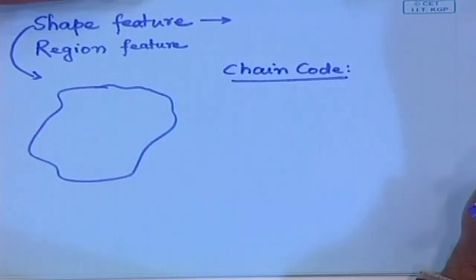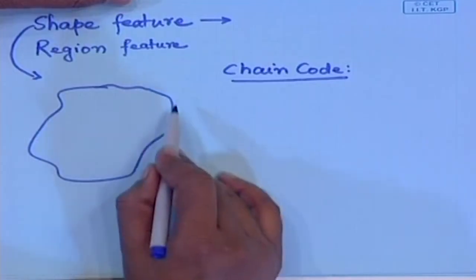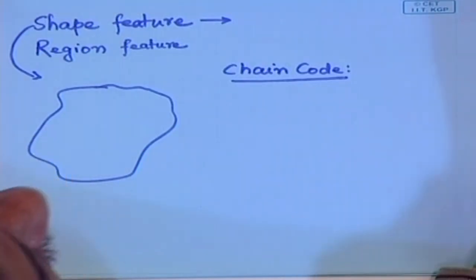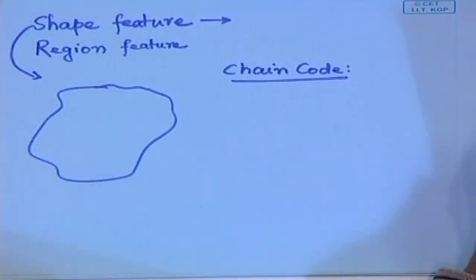What is chain code? Chain code is, if I want to represent an arbitrary boundary by linear segments. That is some sort of piecewise linear approximation of the arbitrary boundary.